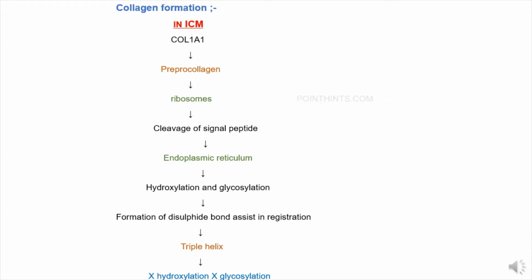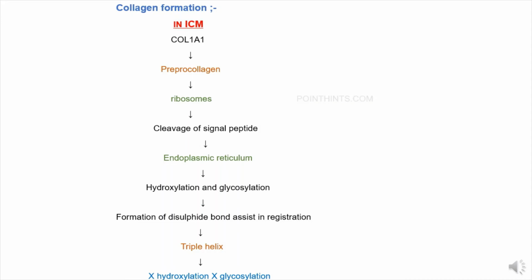Hydroxylation is proline converting into hydroxyproline by the enzyme prolyl hydroxylase, and lysine converting into hydroxylysine by the enzyme lysyl hydroxylase, in the presence of the cofactors vitamin C, ascorbic acid, and alpha-ketoglutarate. Glycosylation is where hydroxylysine plus glucose or galactose form a substance. The function of the substance is unknown, but without glycosylation there is no fibril formation.